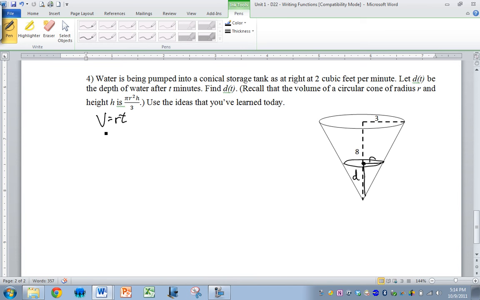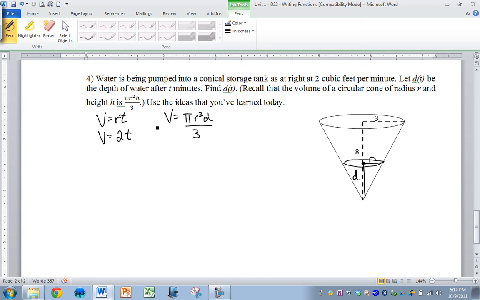So I know the volume equals 2 cubic feet per minute times however many minutes we put it in there. Another volume equation I know, which is given here, is volume equals pi r squared h, which in this case is going to be my d. So I'm just going to put d all over 3. So those are my two equations.